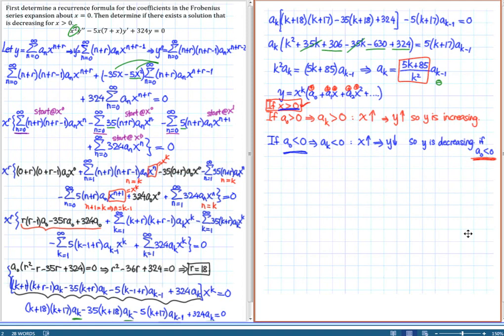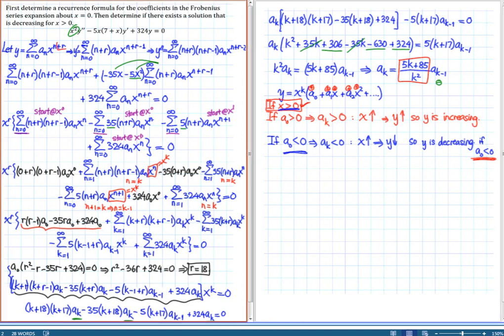Now we're just going to add the r to it for the Frobenius method, and then we find the derivative, second derivative, substitute into the function, and then simplify. So we should have the two parts. When we factor out x to the r, there will be two parts. One part is the initial equation that is outside of the series, and then all the series inside, where we can combine the series and give us one series.